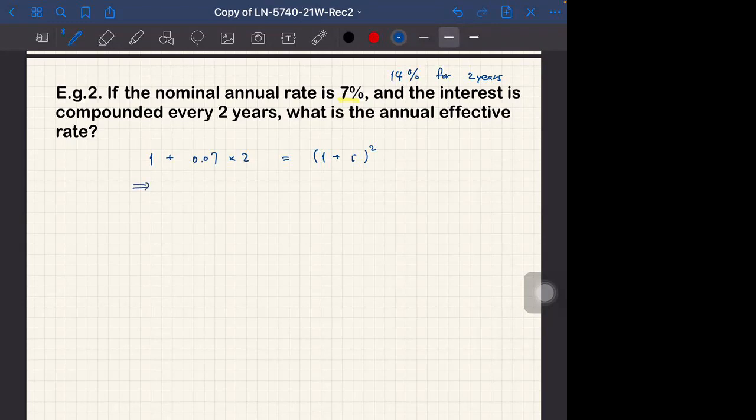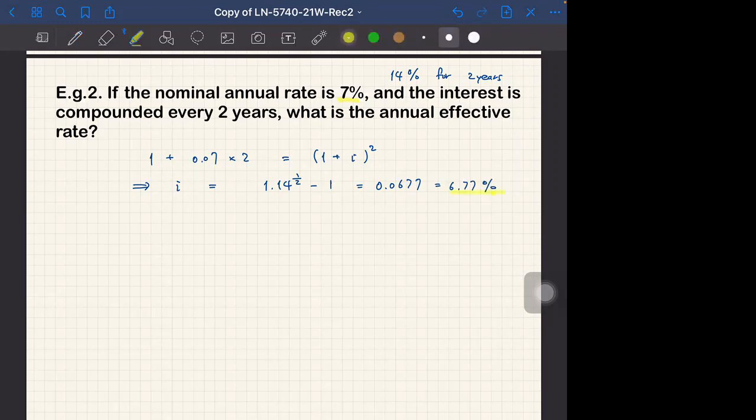So we can solve this for i. i is equal to 1.14 to the half power minus 1. So this becomes 0.0677, or 6.77%. So this is one way to solve the question.